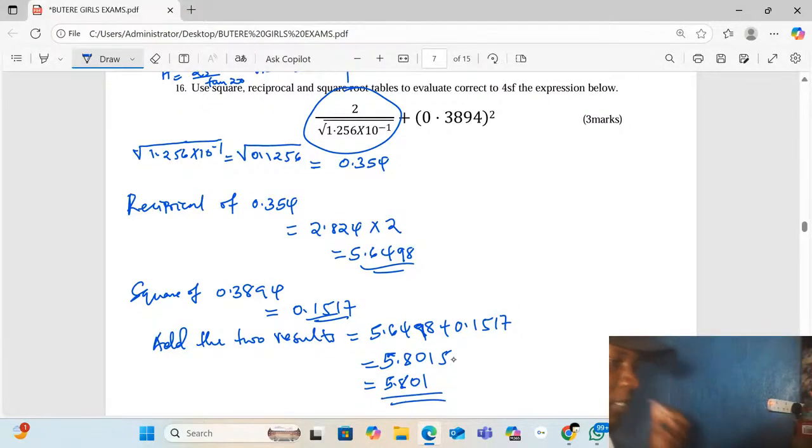That is 4 significant figures. So this is now going to be our final answer for that question, 5.801.